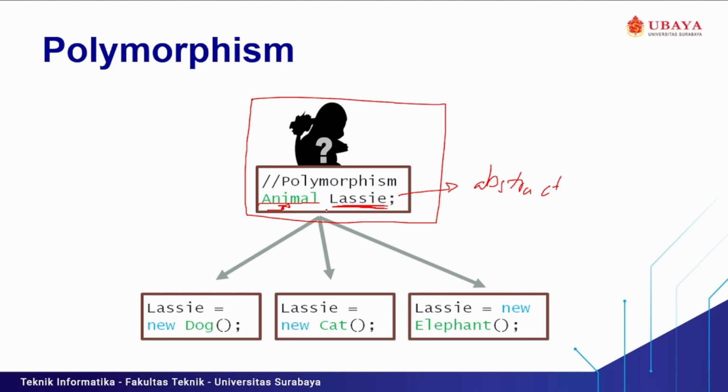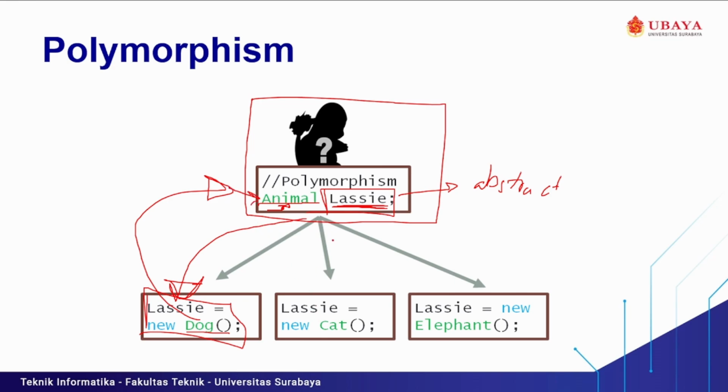For example, lazy, which was created on the base of animal class, we can initialize as a new animal. Let's say lazy is actually a type of dog. We can create lazy equal new dog, on the prerequisite that dog is actually a derived class of animal.